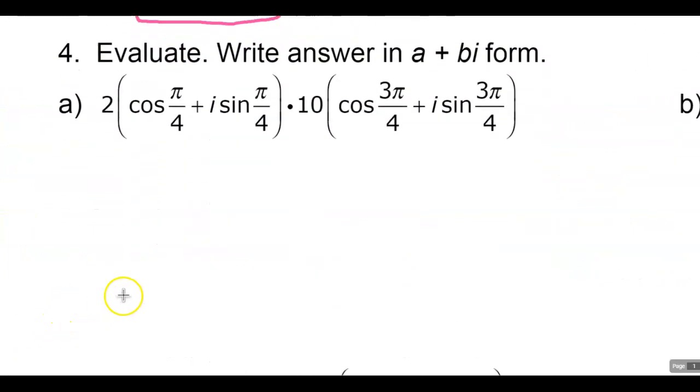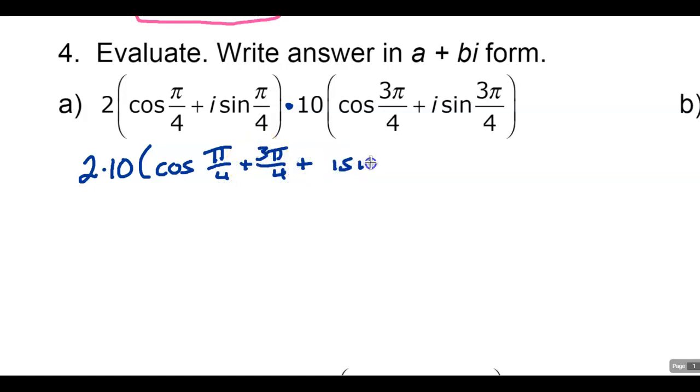Let's evaluate these. So the rule was, when you're doing multiplication, we're just going to multiply the two radii and add the angles. So we have cosine of pi over 4 plus 3 pi over 4, and of course the same for the sine. So we have 20.